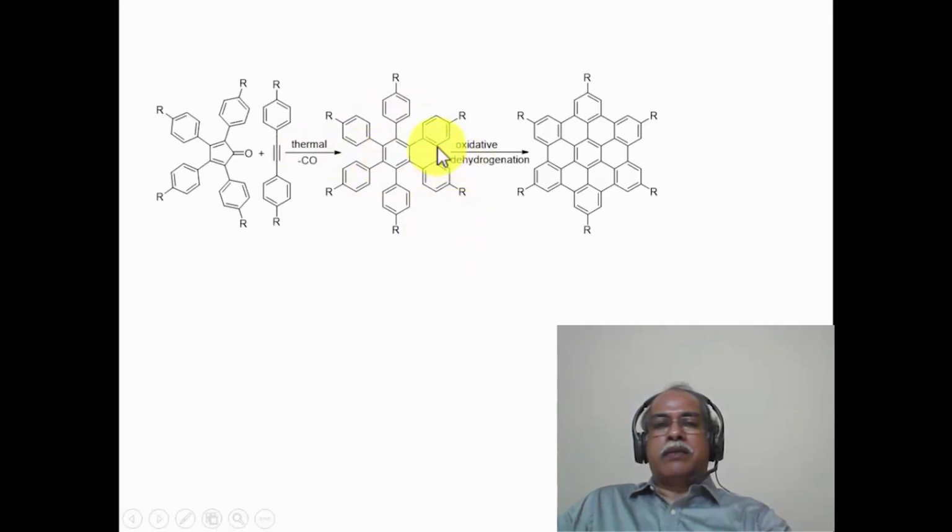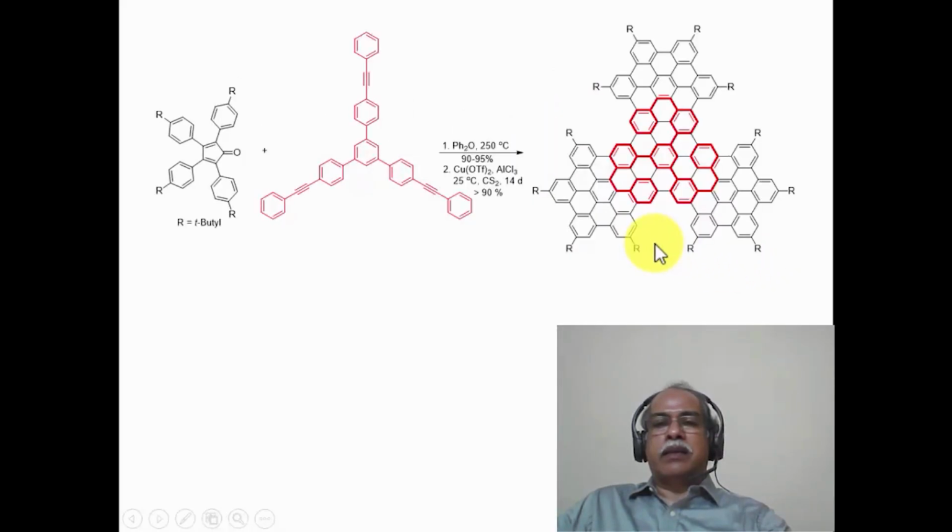The oxidative cross coupling of this carbon-carbon bond by a dehydrogenation reaction in the presence of oxidizing agents like ferric chloride essentially fuses these rings to produce the hexabenzocoronene as the final product in this particular case. These are very fascinating molecules because one's imagination can be used, for example, to produce large polycyclic aromatic rings.